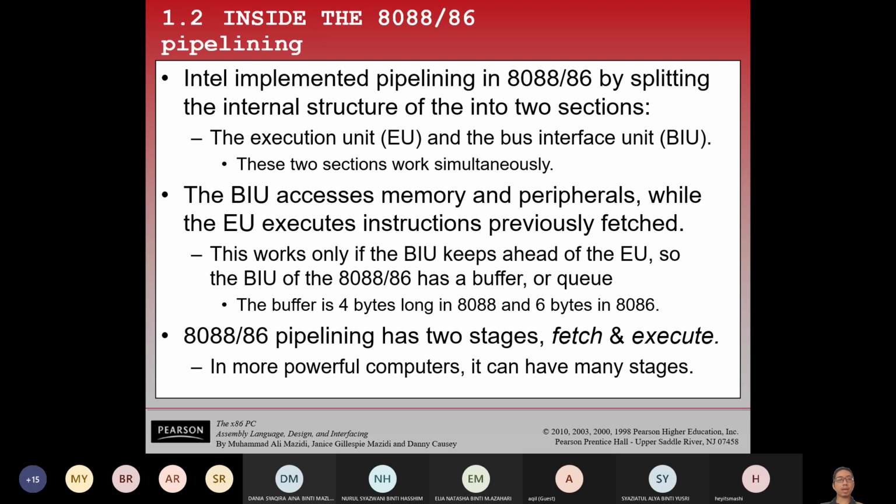The buffer size is set at 4 bytes long in the 88 and 6 bytes in the 86. So the 86 has a longer buffer, and whenever you have a longer buffer, it means more commands can be queued up. The queue can be longer.